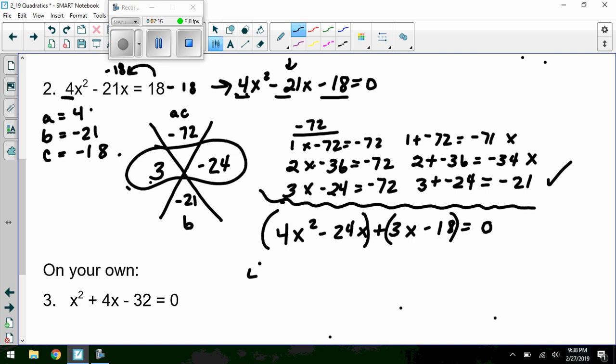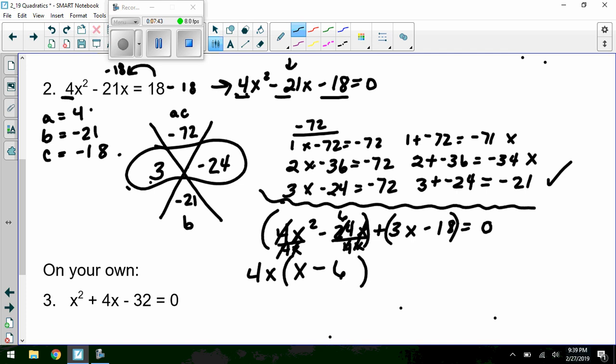I think I can pull out a 4x. They both have a 4x in both of those factors. If I pull out a 4x here, that's going to leave me with just 1x. If I divide this by a 4x, that's going to leave me with a 6.